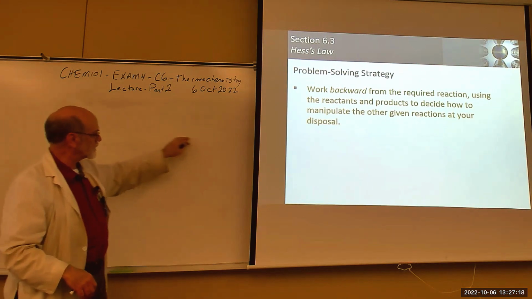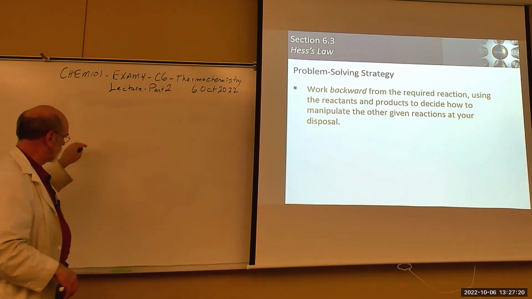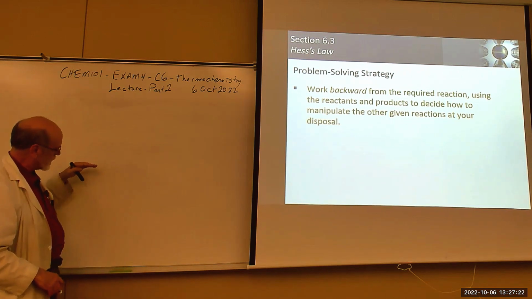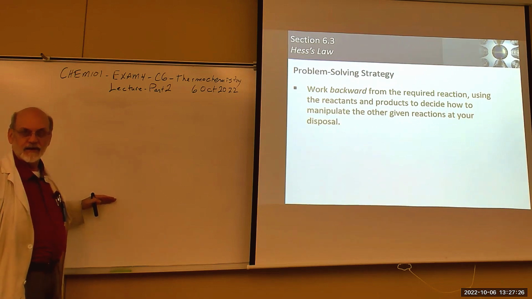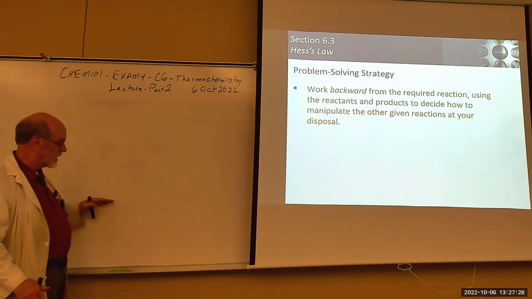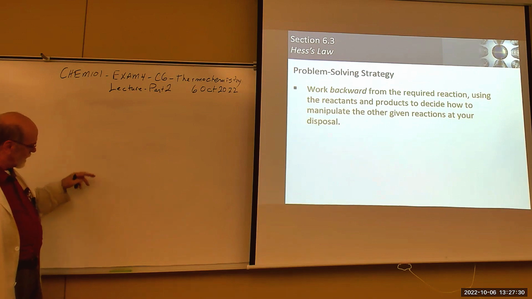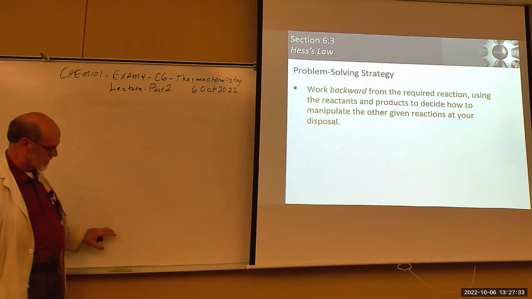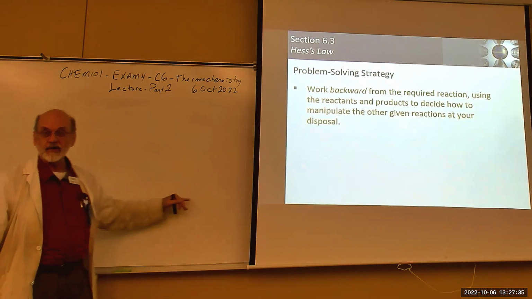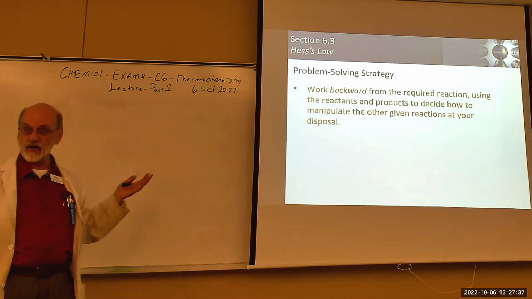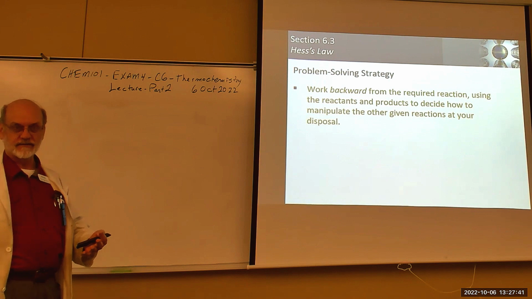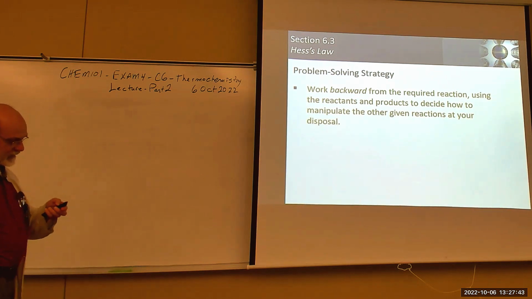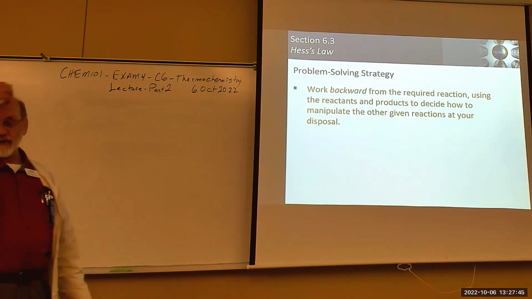Well, if you look up here and say, I need this one, this one, this one, and you look down here and say, okay, that one's got what I need, that one does, that one doesn't, that doesn't mean you don't use that missing one. It means you look to see, are there factors in these others that need to be canceled with that third one? Sometimes there's an equation that goes in there and its sole purpose is to cancel other factors. So you work backwards from the target equation.